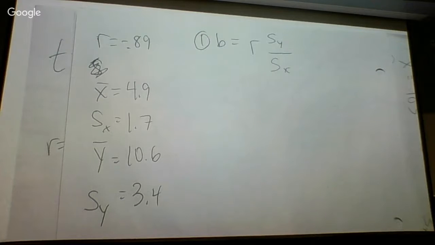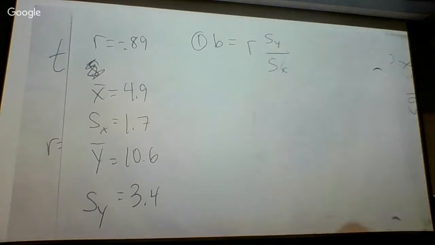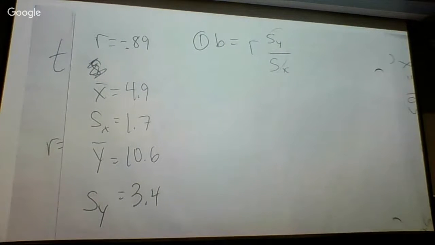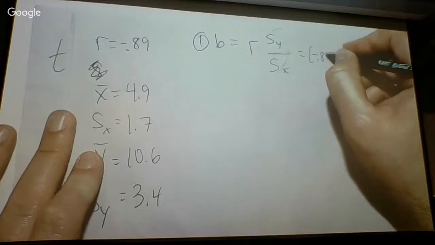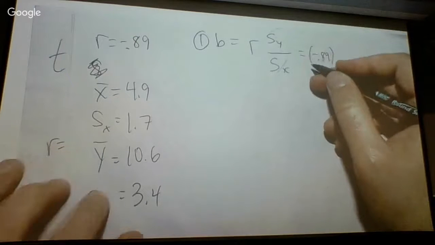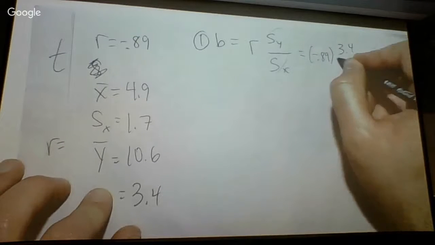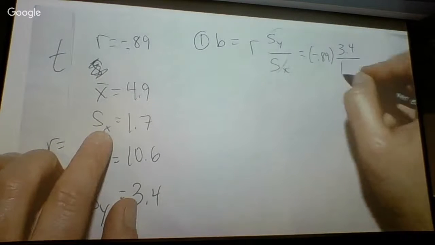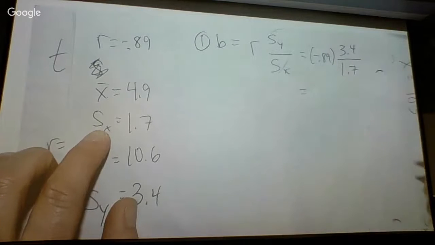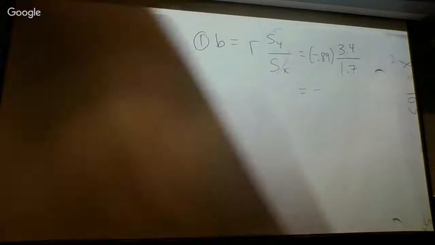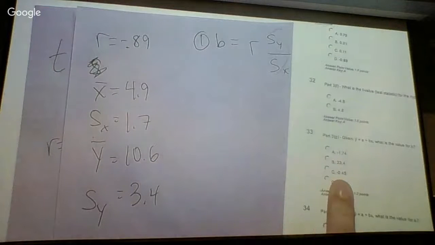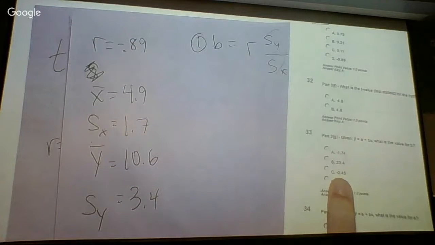S sub y over S sub x is just a scaling factor in case one of them happens to be wider than the other. R is negative 0.89, S sub y is 3.4, S sub x is 1.7. That to me says, of these options right here, I'm pointing to the correct one.